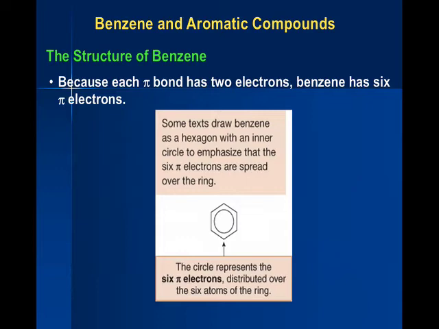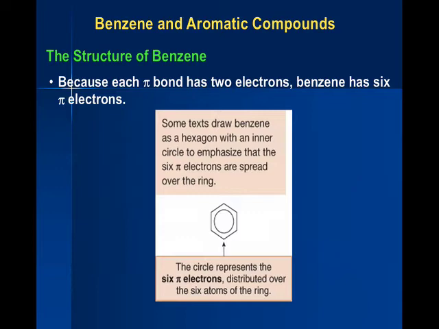And a lot of times when I draw benzene on paper, I draw it that way. It's just faster for me than it is to draw the 3 double bonds. But you need to know that those are equivalent structures. This is just telling you that those 6 electrons are delocalized throughout the entire system. Okay? So if you see it, don't confuse it.